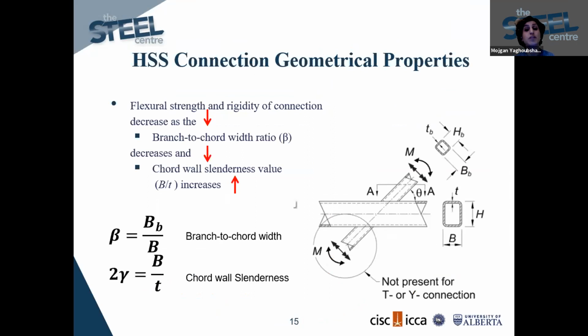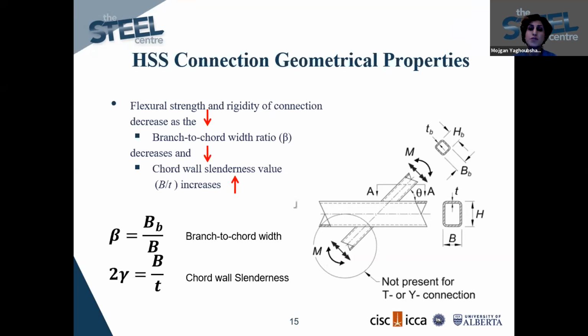They are semi-rigid, but the flexural strength and rigidity of the connection depend on the connection's geometrical and material properties. So there might be some situations where they become fully rigid connections. Let's say that if we have a very strong chord, then we will face a fully rigid connection. But in all other cases, they behave like semi-rigid connections.